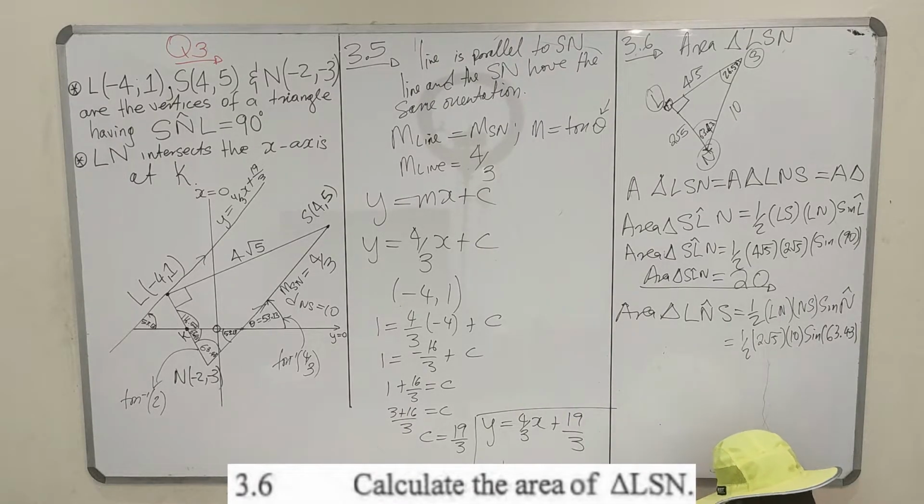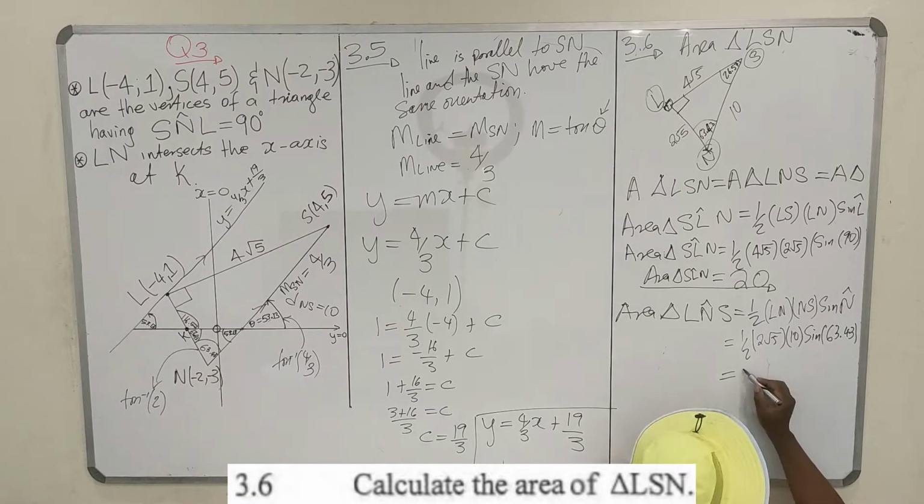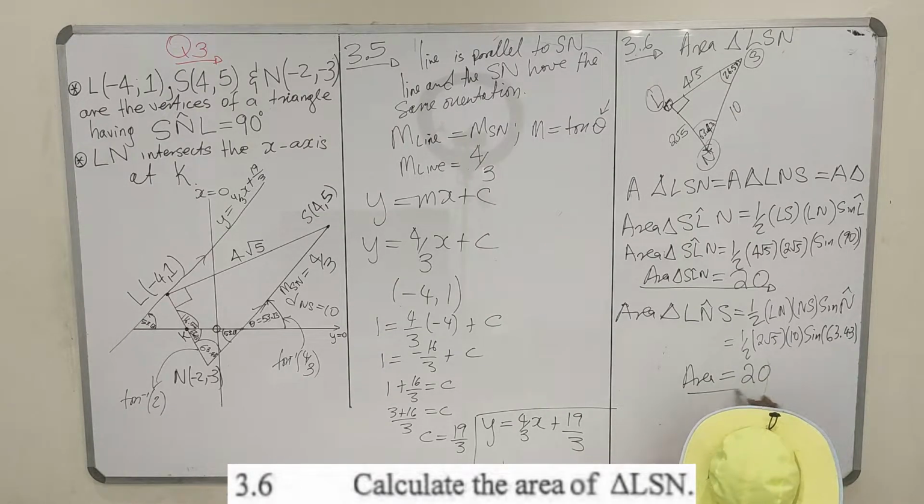So punch that, 0.5 of 2 root 5 times 10 sine 63.43. You get that your area is 20 square units as well.